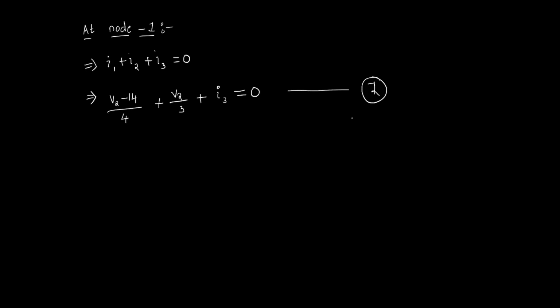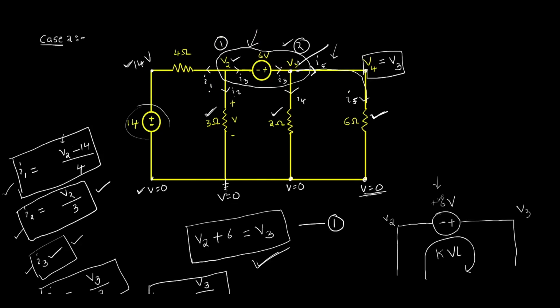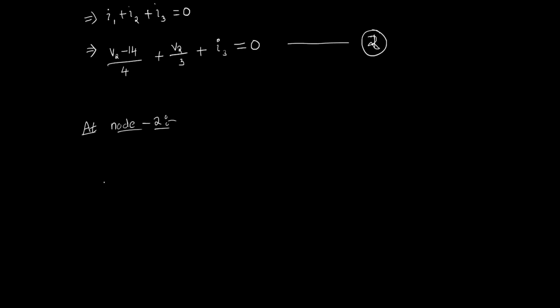Now let us write the KCL equation at node 2. So here at node 2 the current I3 is entering the node, so it will have a negative value, and I4 and I5 are exiting the node, so these both will have positive values. So if we write them here, it will be minus I3 plus I4 plus I5 equals 0.